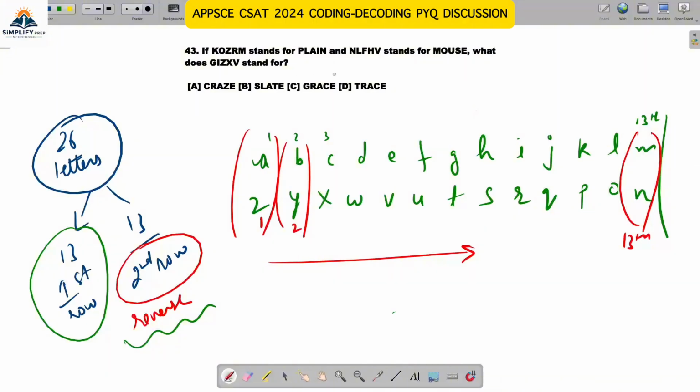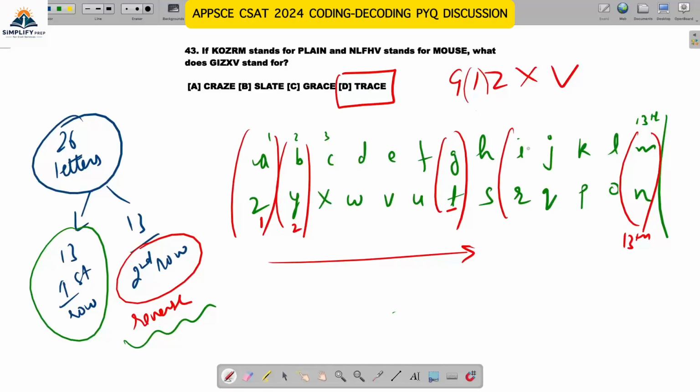So if I want to check now for GIZXV, so G के corresponding T आ रहा है, so that is again giving me the same answer, or I will cross check with some other letters also, like second ले लो इसका, I के corresponding आ रहे हैं V, देख लो ना, V कहाँ पे है, V is here, V corresponding reverse letter होता है E. तो ये सारे pairs हैं reverse letters.